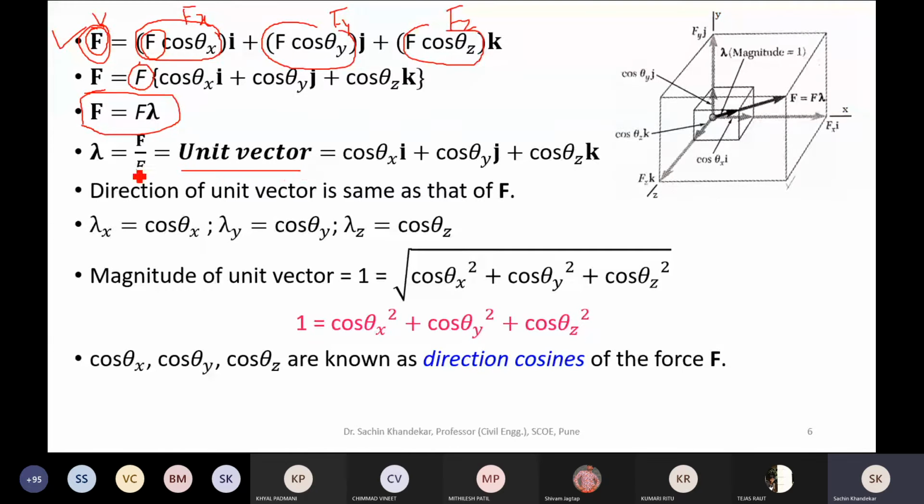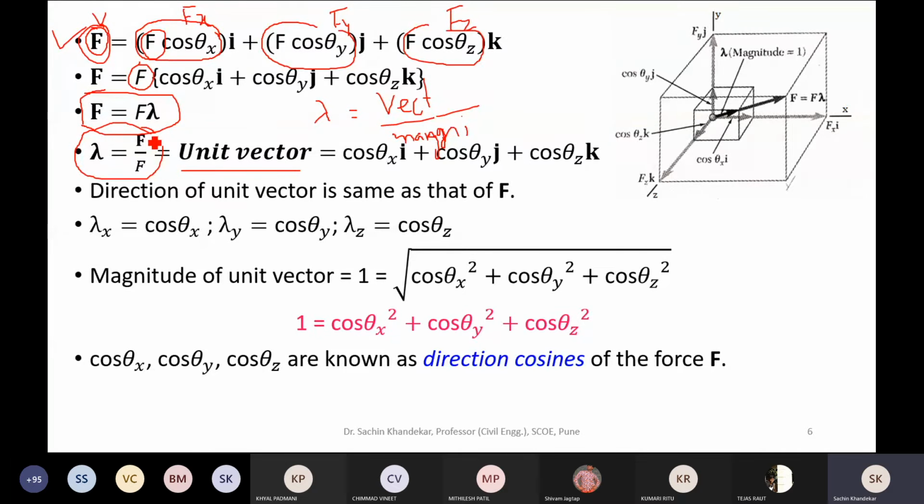How to define a unit vector? The unit vector is equal to the vector quantity divided by its magnitude. This is what in general we can define as the unit vector: the force vector divided by its magnitude.